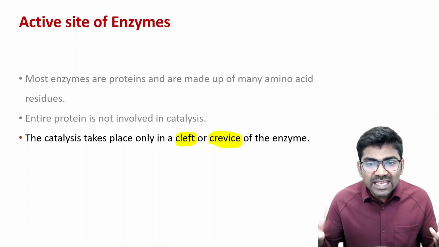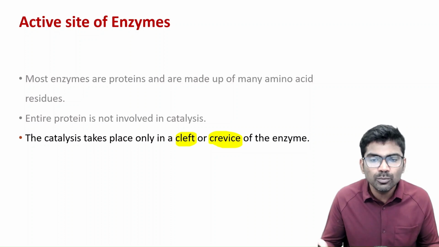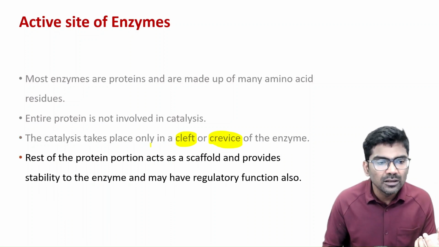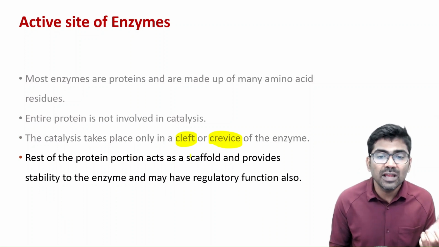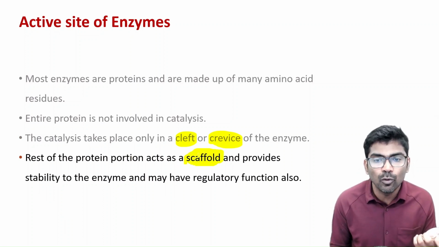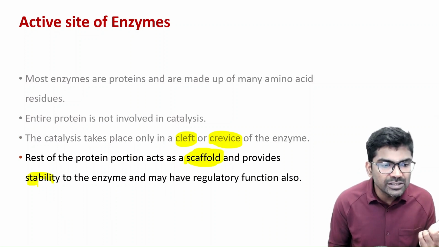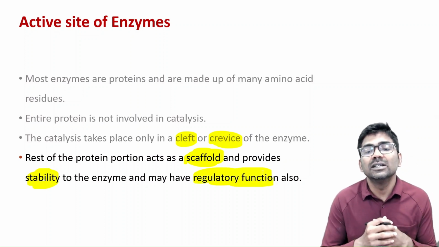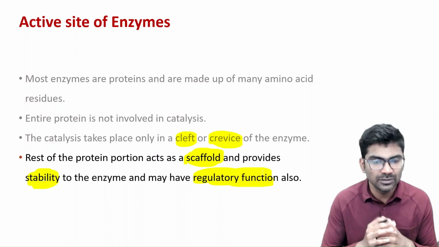Then what is the need for the rest of the protein portion? Can you think of something? Rest of the portion acts as a scaffold. It provides stability. Also, it may have regulatory function.